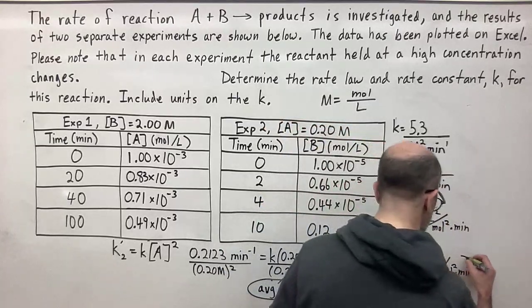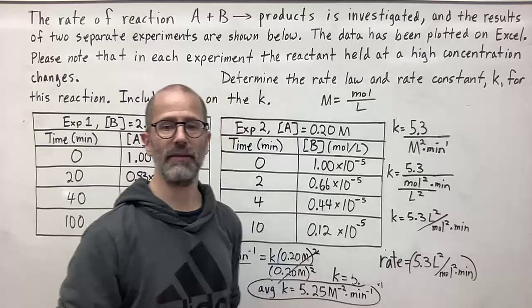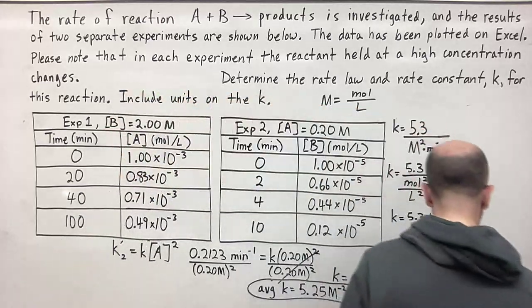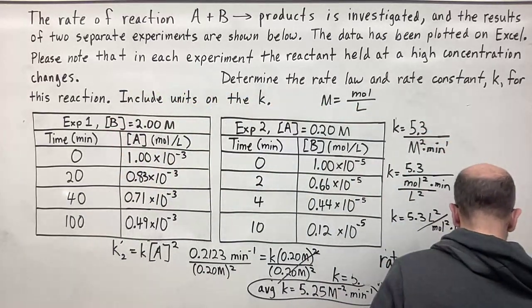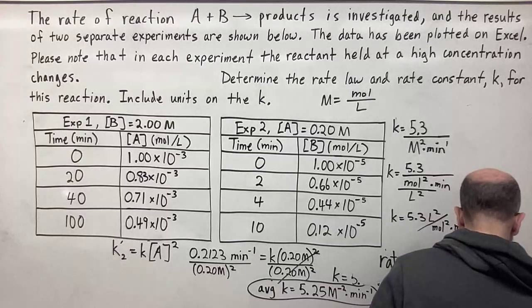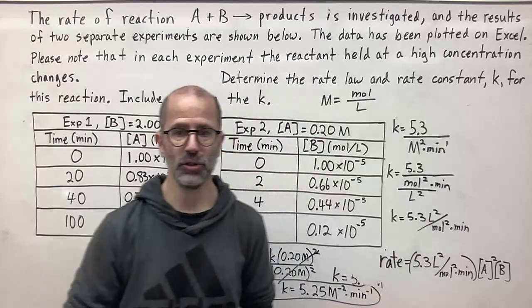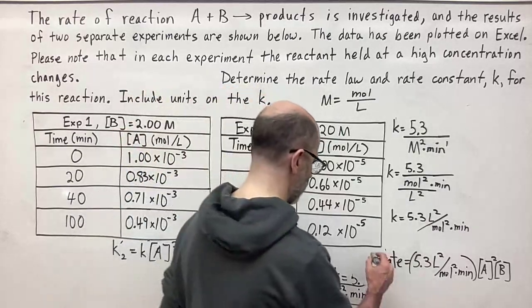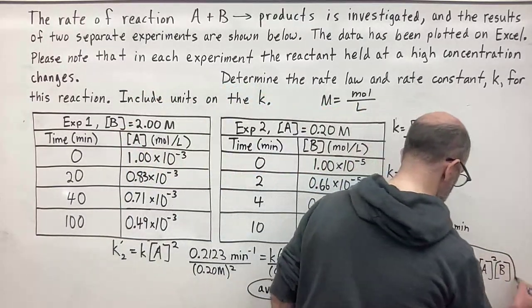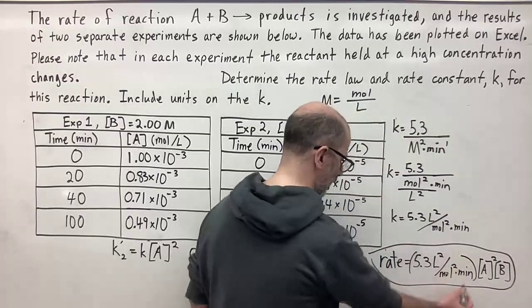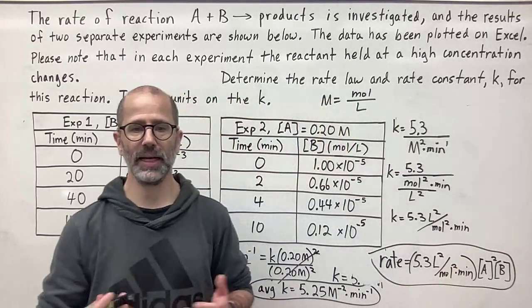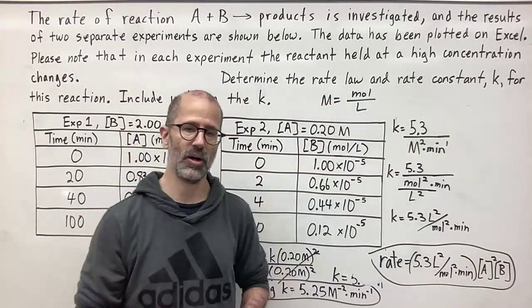Let's put parentheses around that. So that's your K value, and you multiply that by the concentration of A to the second power multiplied by the concentration of B to the first power. And so there we have our rate law with our rate constant and the units.